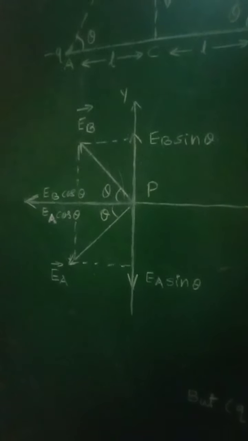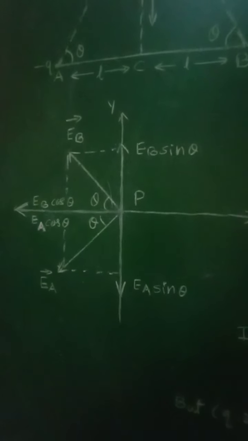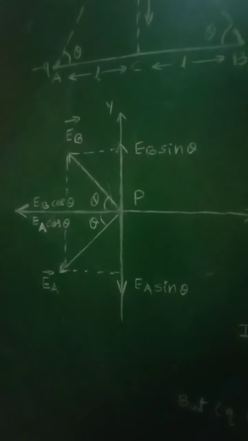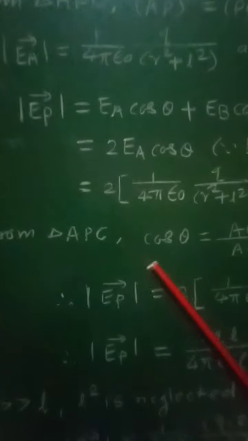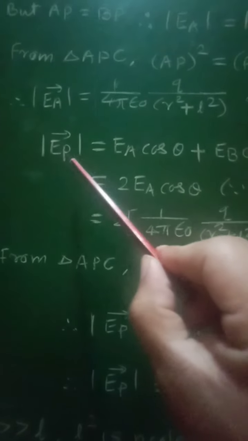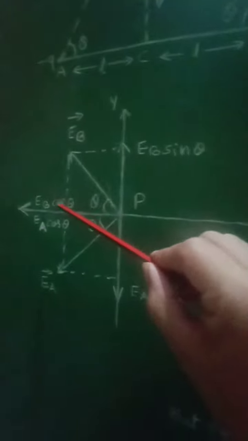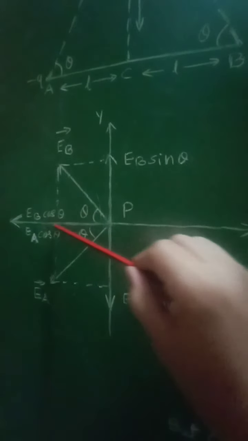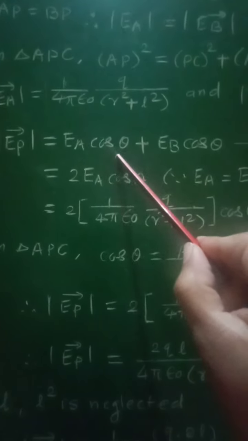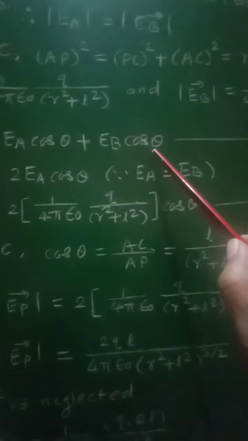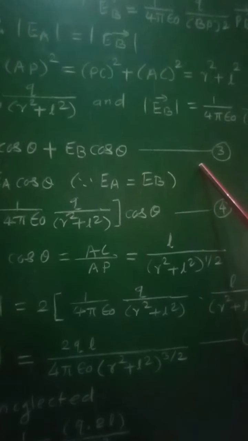The sum of these two will give us the total electric field intensity at this point P, and therefore we can write the magnitude of EP, that is the magnitude of total electric field intensity at this point P, will be equal to the sum of EA cos theta plus EB cos theta, equation number 3.